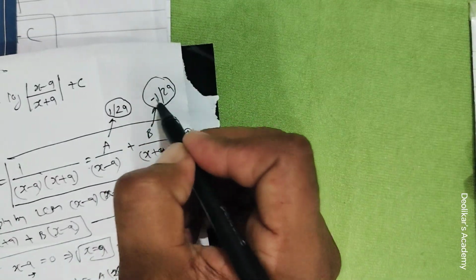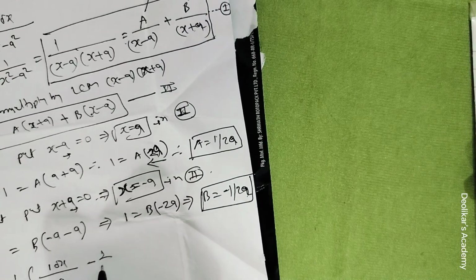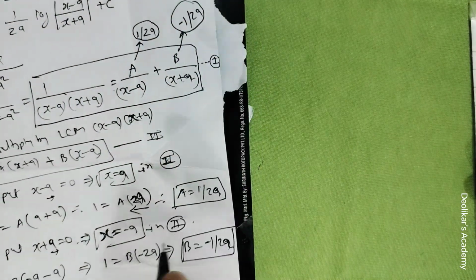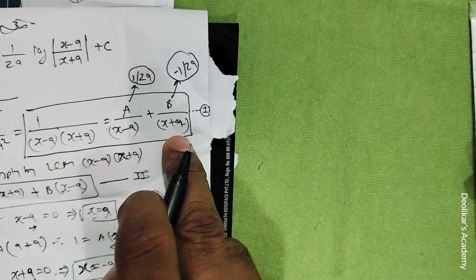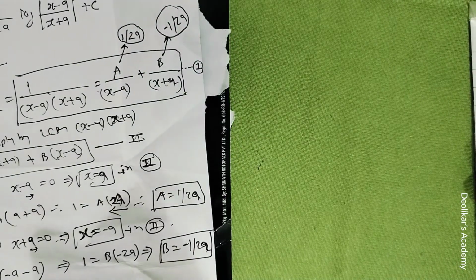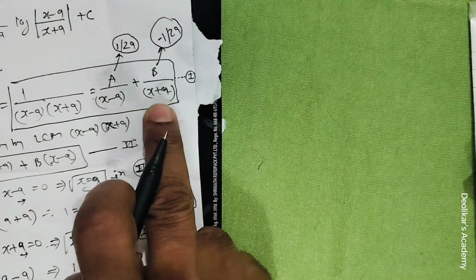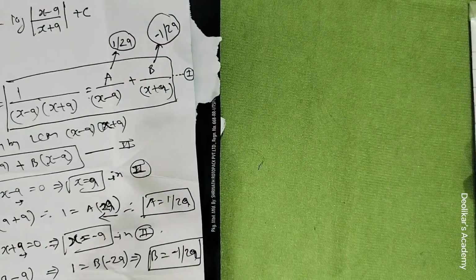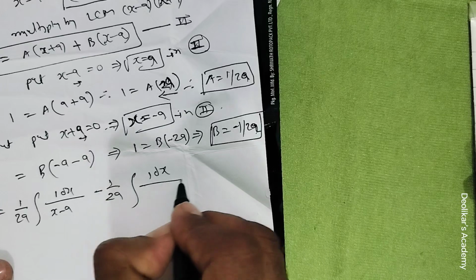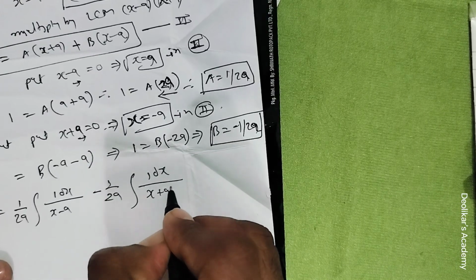Then minus 1 by 2a, you take it out, integration of 1 dx upon x plus a.